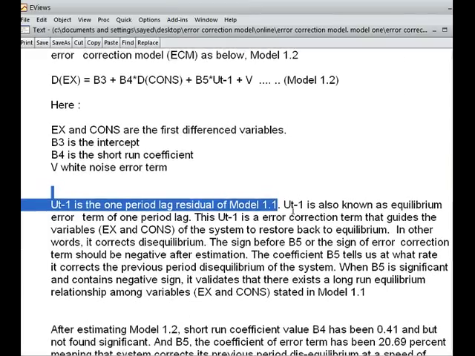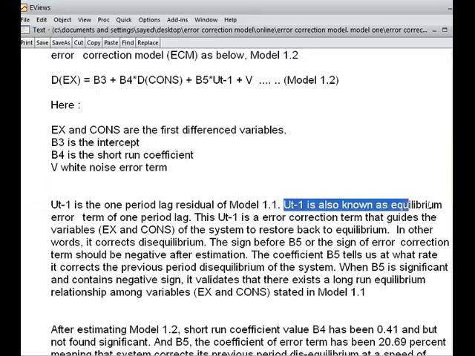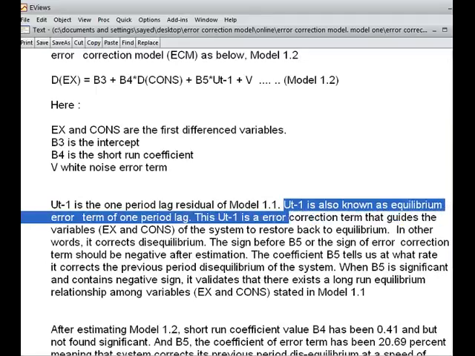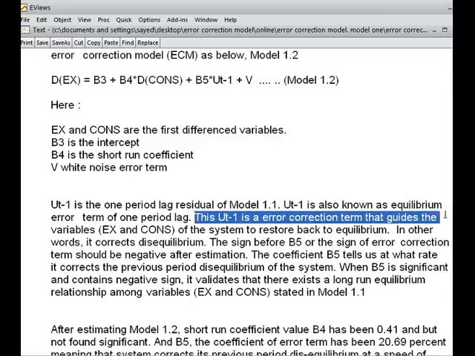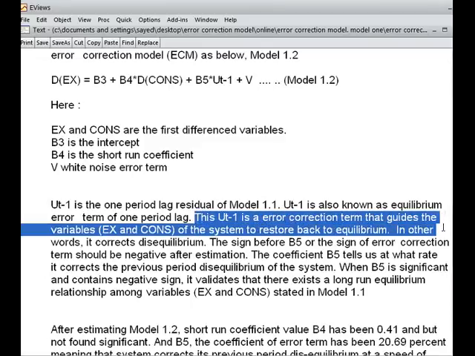Okay. Ut minus 1 is also known as the equilibrium error term of one period lag. This ut minus 1 is the error correction term that guides the variables such as ex and cons of the system to restore back to equilibrium.